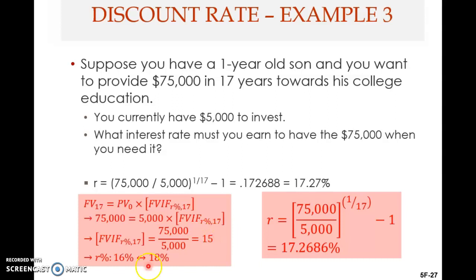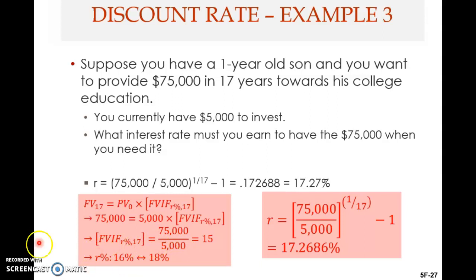You will find that it lies between R being 16% and 18%, because the table doesn't give you a precise answer. For example, 17.27 is not available in the table, so you know that it's between 16% and 18%, that's the best the table can do.